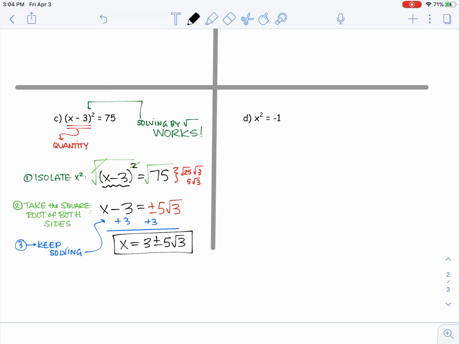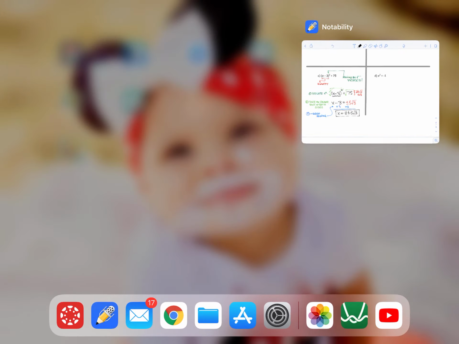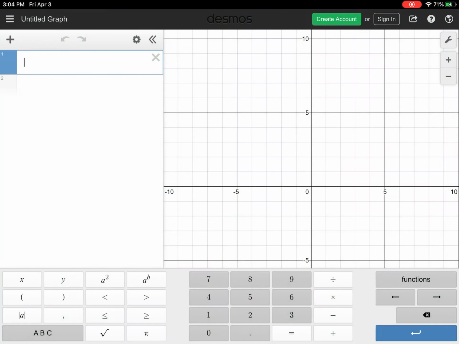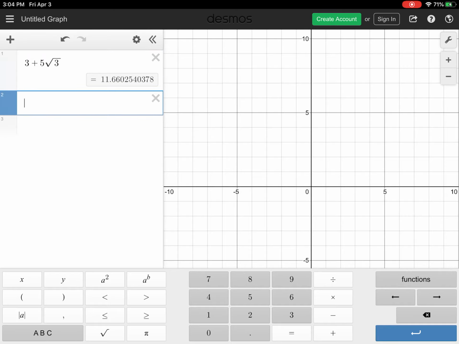Now, should you want to leave this in an approximate answer, here's how you could type it in. And I'm going to use my Desmos because that's what's on my iPad. So I'm going to show you with Desmos. There isn't really a plus or minus button, which means you have to evaluate each one separately. So we had 3 plus 5 times the square root of 3. That would be your first answer.